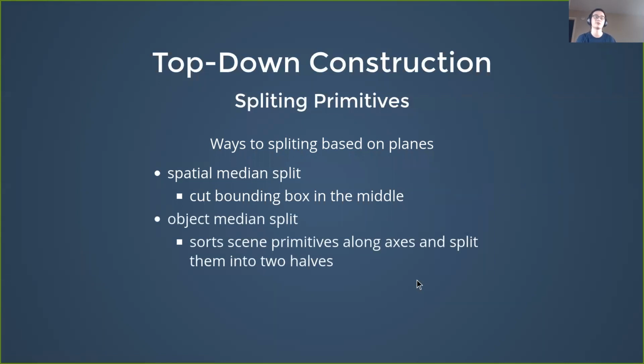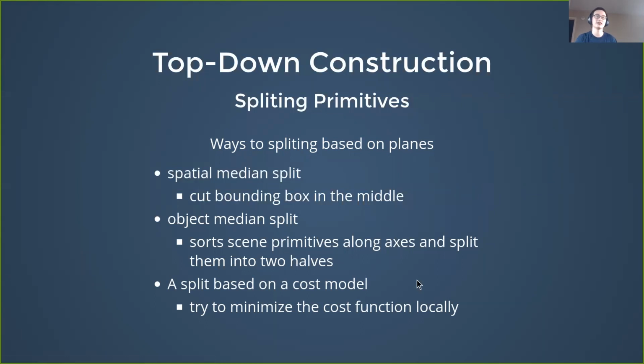The second is object median split, where we sort the primitives along an axis and split them into two halves. This is a pretty easy approach and is the one used in the Ray Tracing in One Weekend we did before, if you still remember.